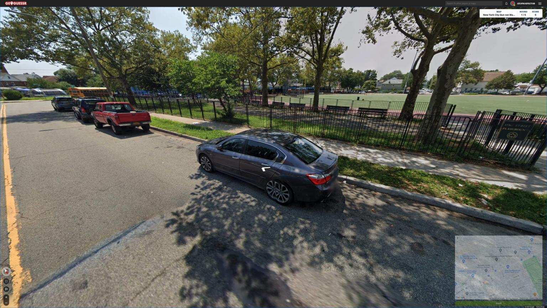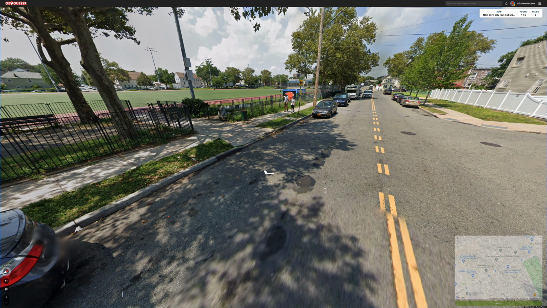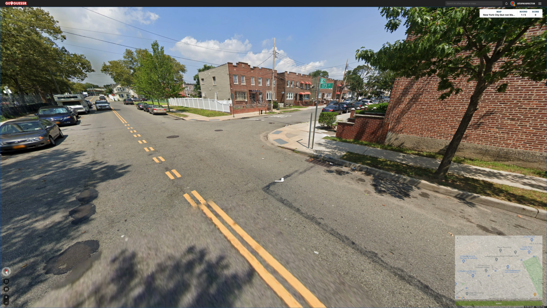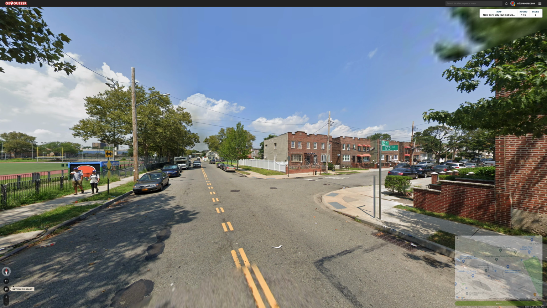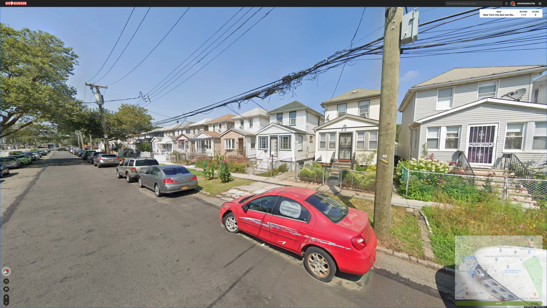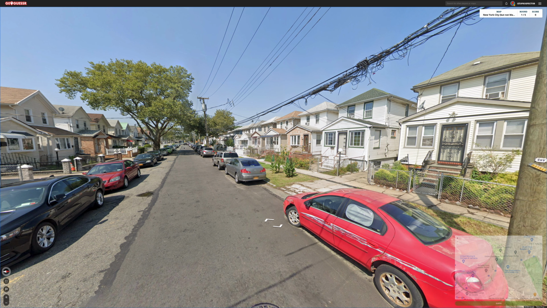Oh no, where is it? That's the 173rd Street Playground, and so we were on, I think we were down here. So we started, oh, was it 105? Oh, look, let's just go back to the beginning and confirm that. 105, I thought it was 103rd, but I might have written it down wrong.